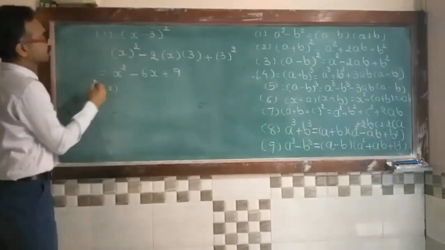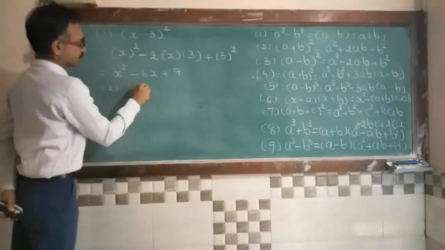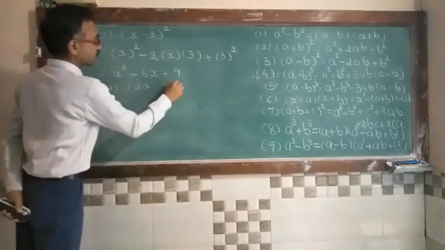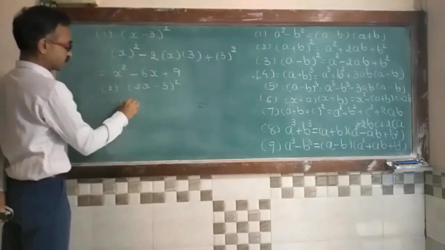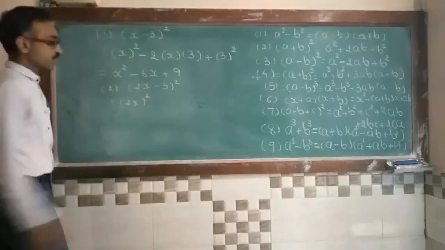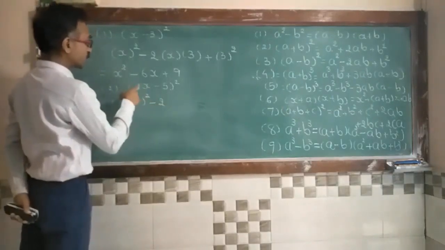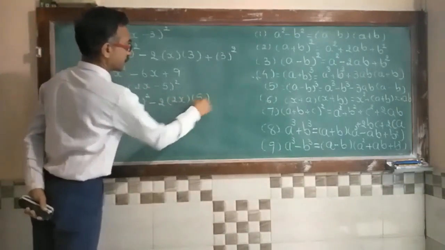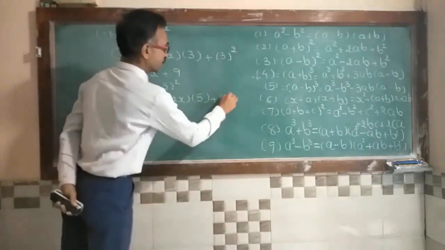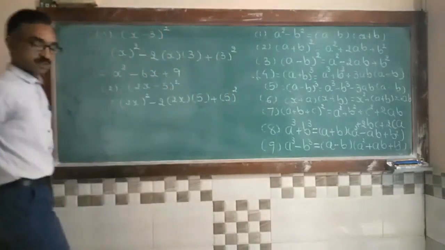Suppose you are given 2x minus 5 whole raised to square. So the answer is 2x whole raised to square minus 2 into 2x into 5, and last term, as usual, 5 square.